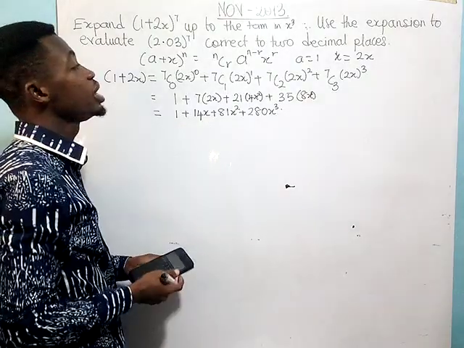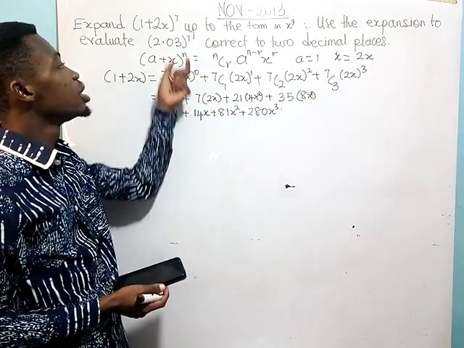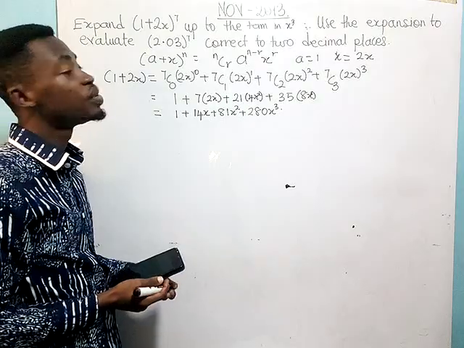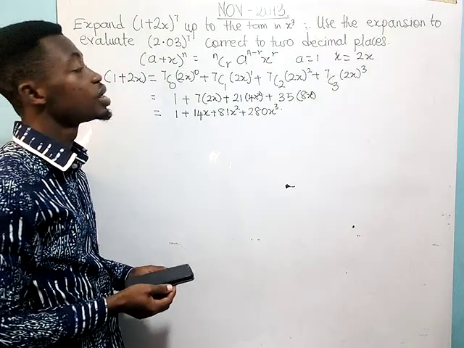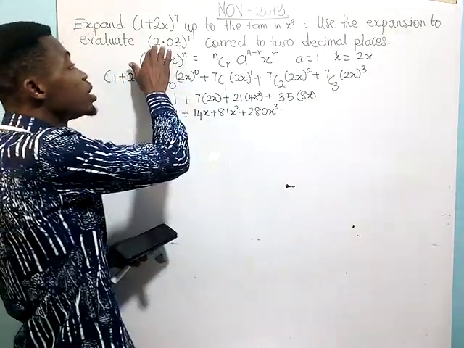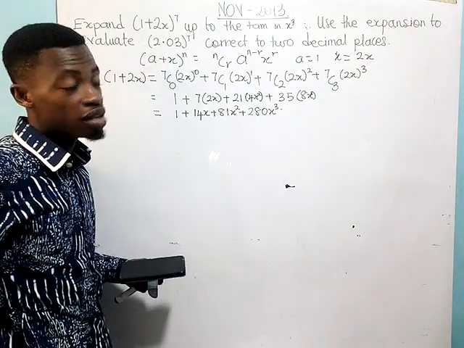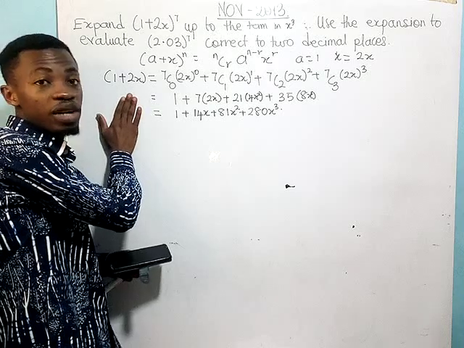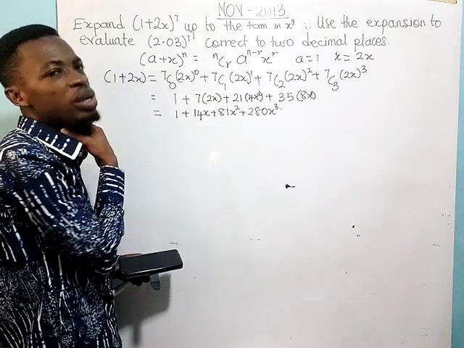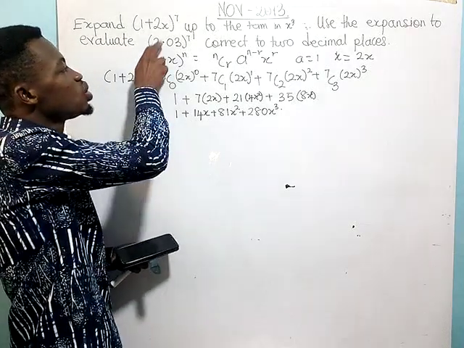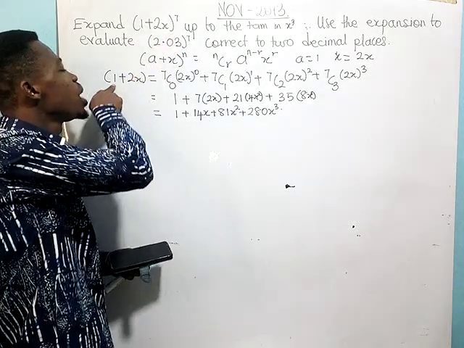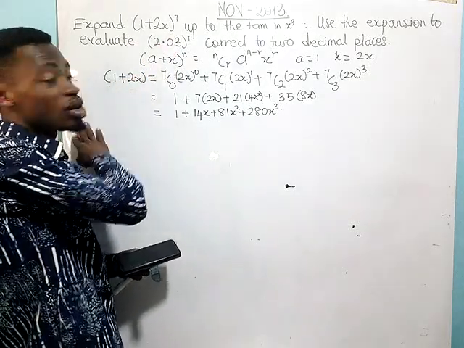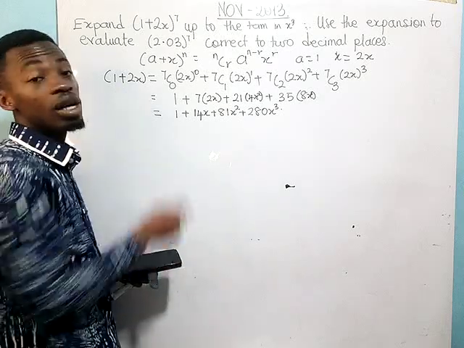And we are being asked to use what we have here to evaluate 2.03 to the power 7. Understand that with 2.03 to the power 7, we are going to use it to compare to the first part of the question. So we need to rewrite 2.03 such that we have 1 as one of the terms, then an x value.